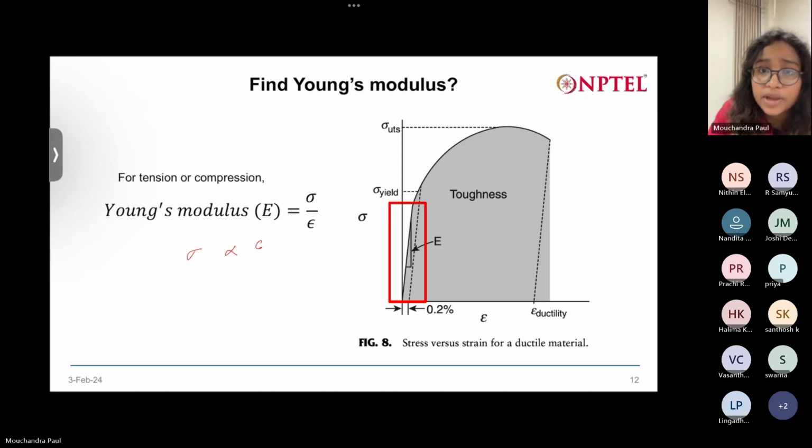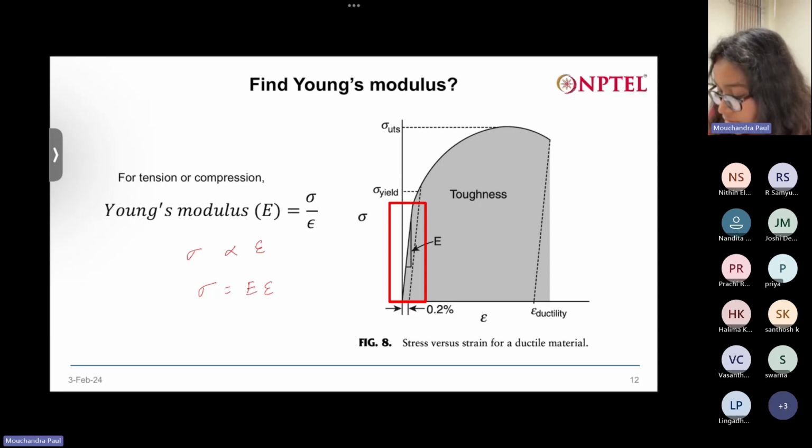When you remove this proportionality with a constant, this proportionality constant is nothing but the Young's modulus. So for tension and compression, you will get Young's modulus. For shear, there is shear modulus. So you don't have to worry about that right now. Then Young's modulus will become stress by strain.